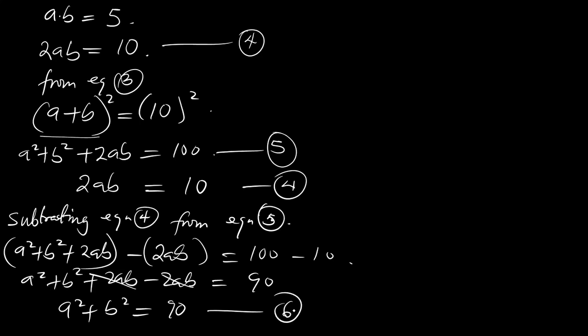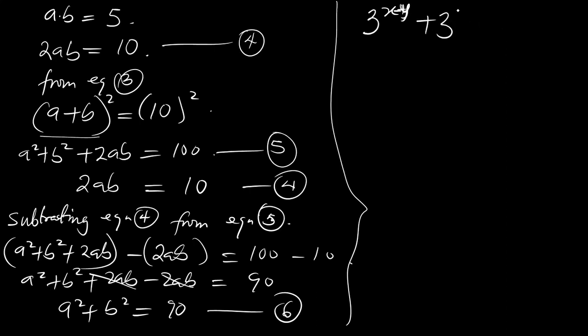Now we've gotten equation 6. Let's look at the expression they want us to solve for. They said we should find 3 to the power x minus y plus 3 to the power y minus x.